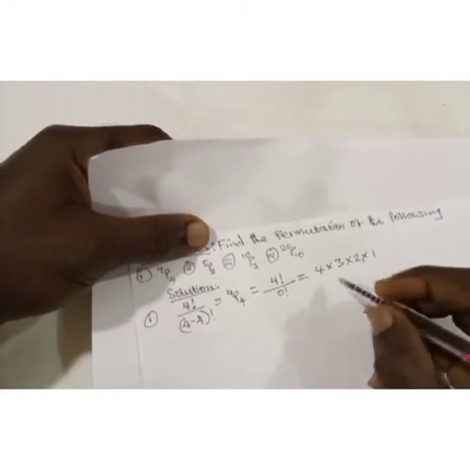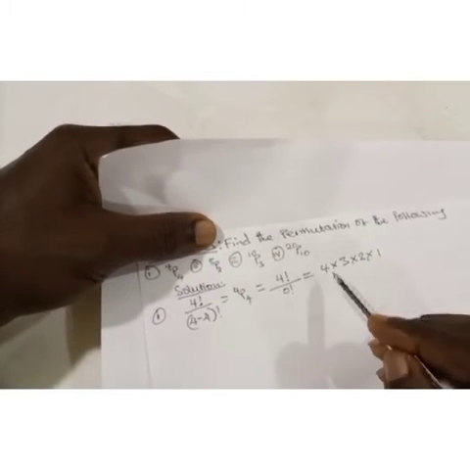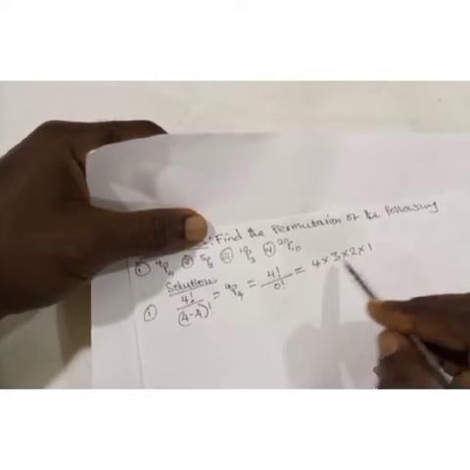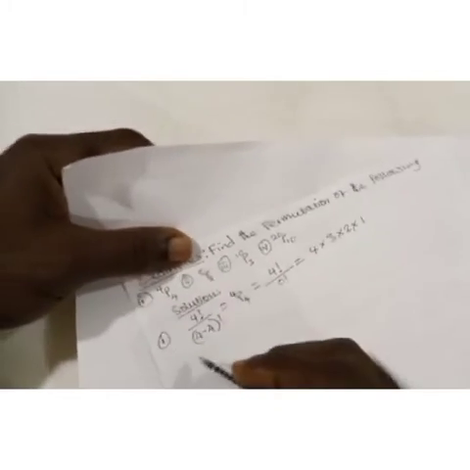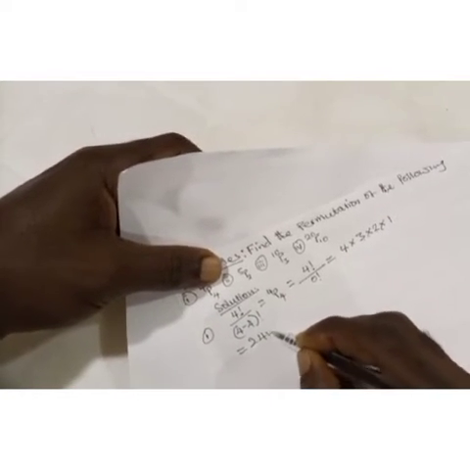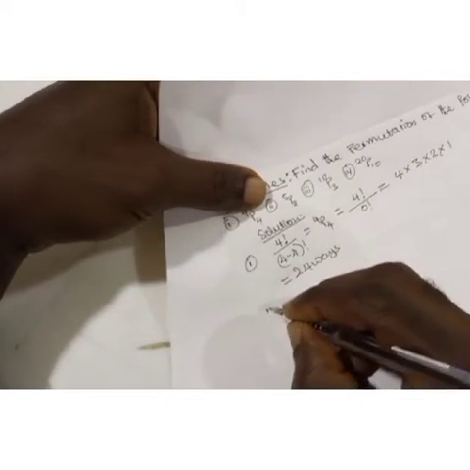And the 0 factorial is 1, so all will be divided by 1. And you still have 4 times 3, which is 12. 12 times 2 is 24. 24 times 1, that is, we have 24 ways.